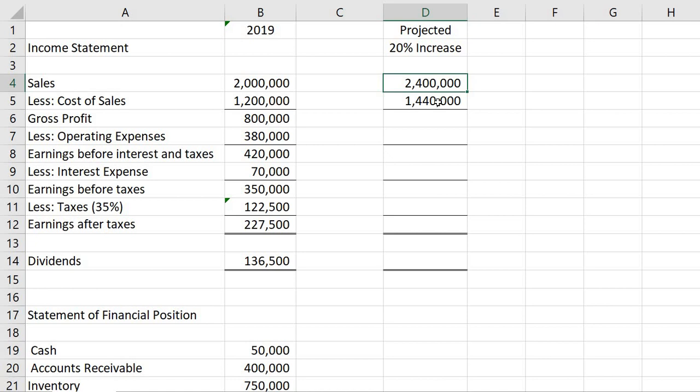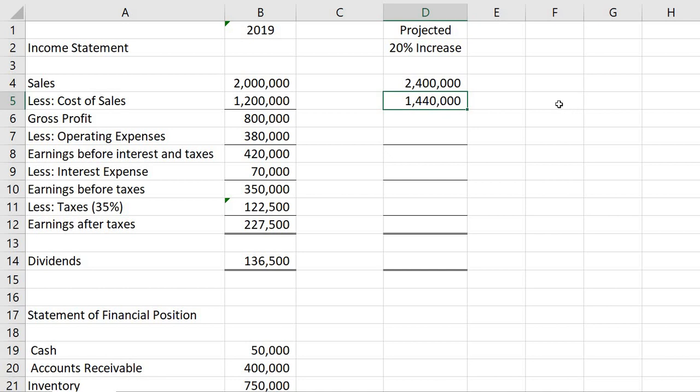Again, that was computed as the amount of your cost of sales at present divided by your current sales, then multiplied by your projected sales, which is 2.4 million. Actually, there's another way of computing that, which for me is easier.